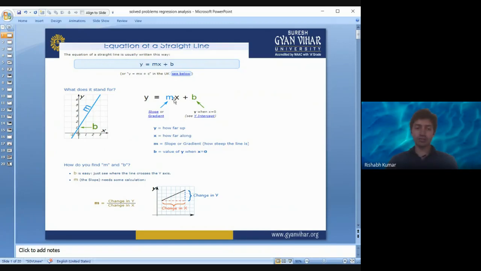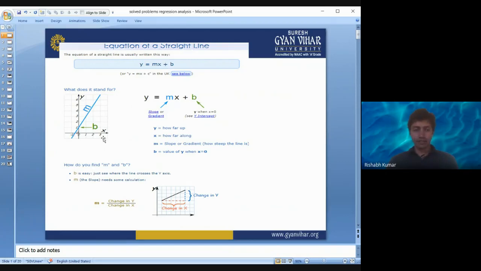What is the slope? Change in y divided by change in x, so dy by dx. x is the variable on the x-axis, or the independent variable, and b is the intercept.